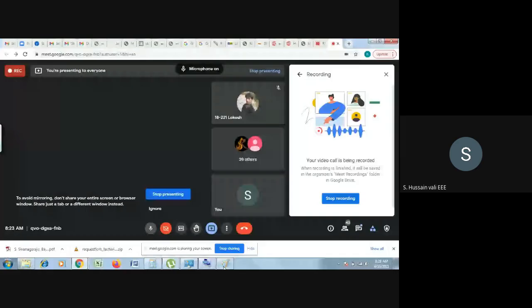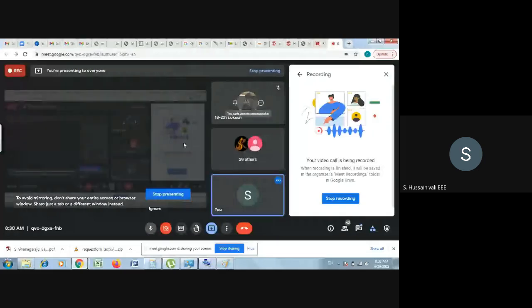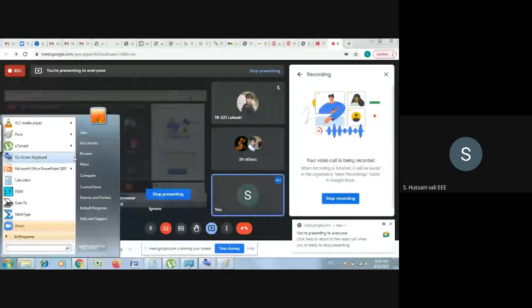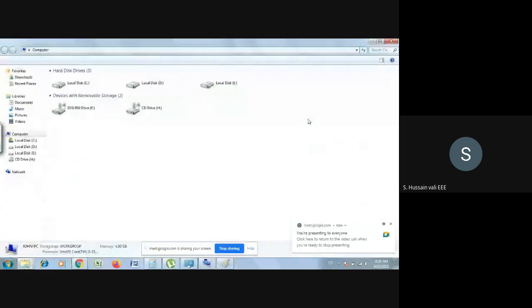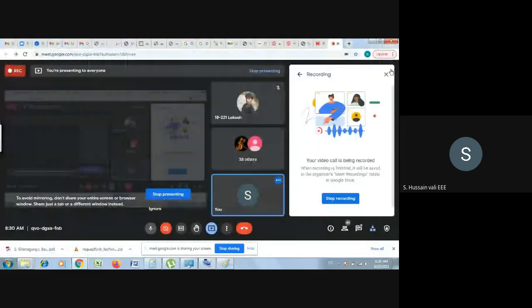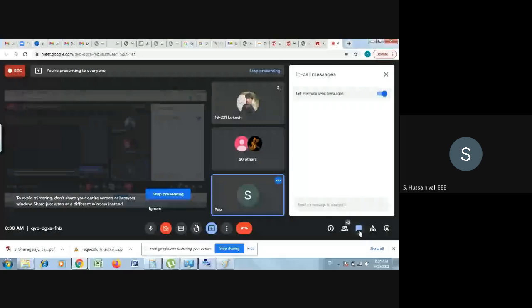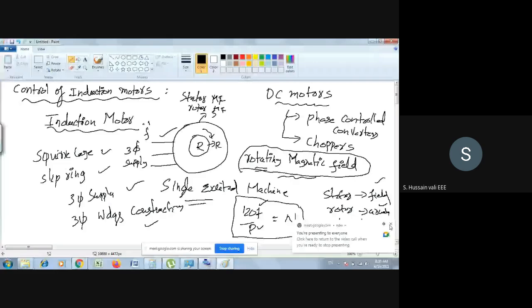And these currents will produce another magnetic field, because every current-carrying conductor has the tendency to produce a magnetic field.